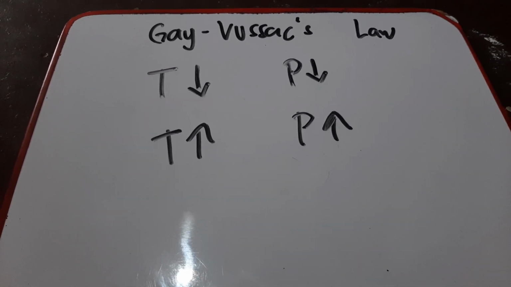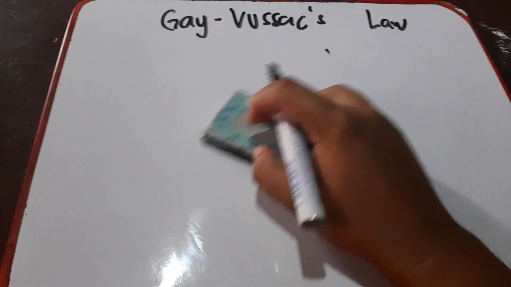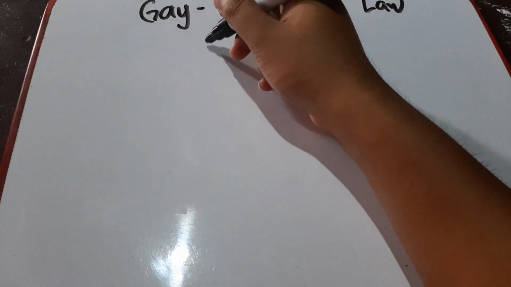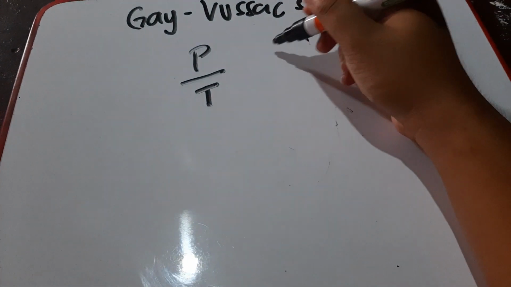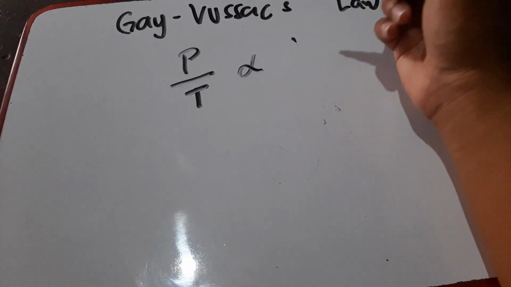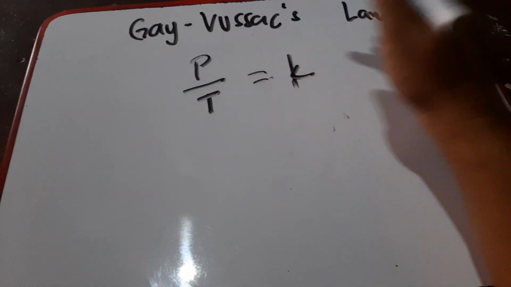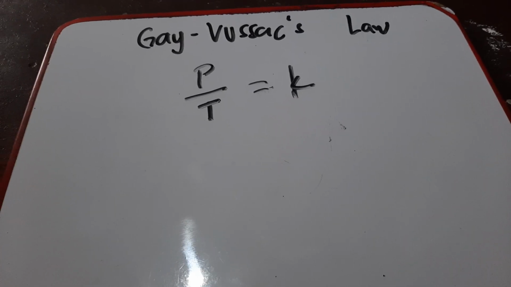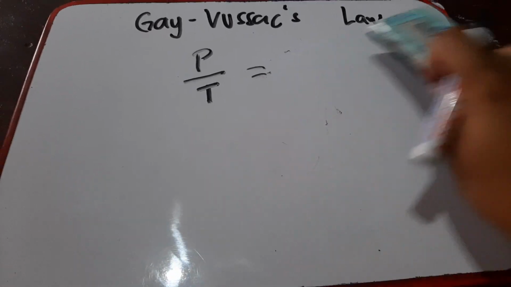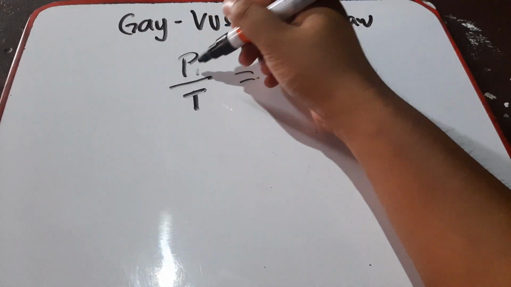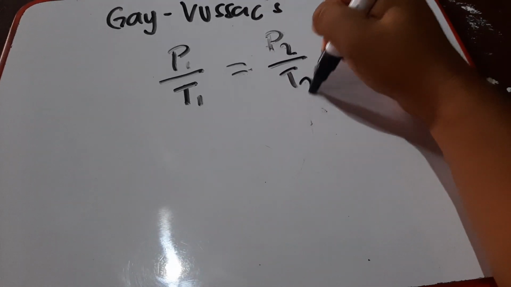So this is Gay-Lussac's law, where the pressure and temperature are directly proportional. Some would write it as P over T equals a constant. And to be able to use this specific equation, we can simply write this as P1 over T1 is equals to P2 over T2.